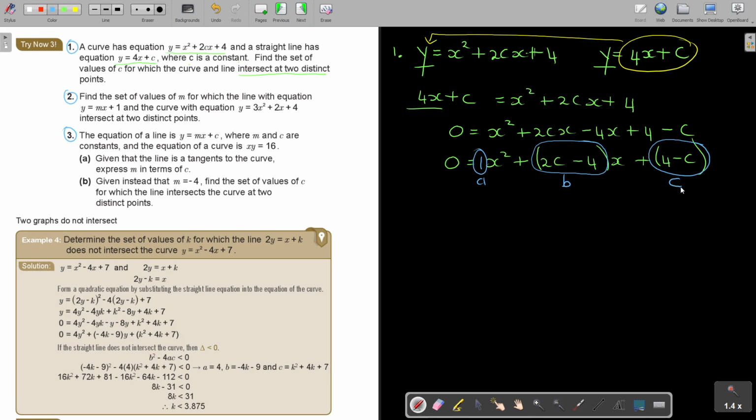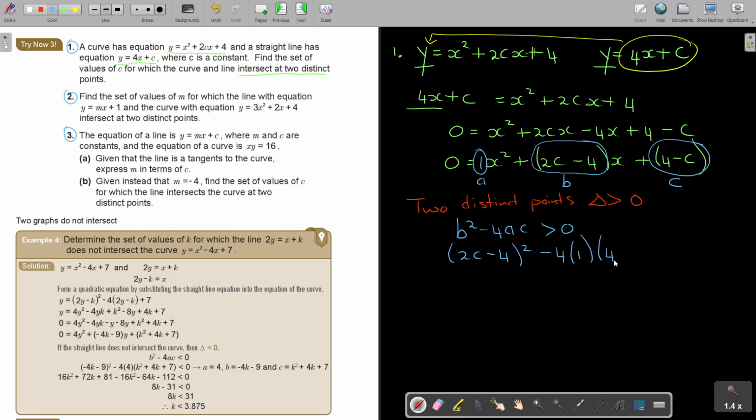So basically, if it's two distinct points, then the discriminant will be bigger than 0. So it's just going to be b squared minus 4ac is bigger than 0. So 2c minus 4 squared minus 4ac, 4 minus c is bigger than 0.